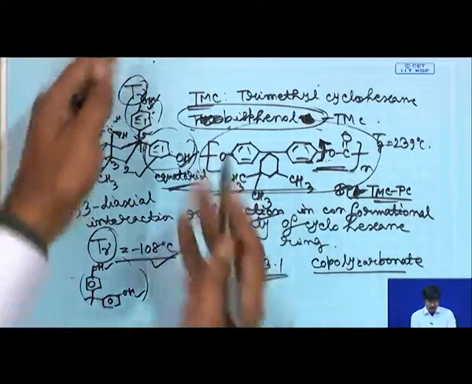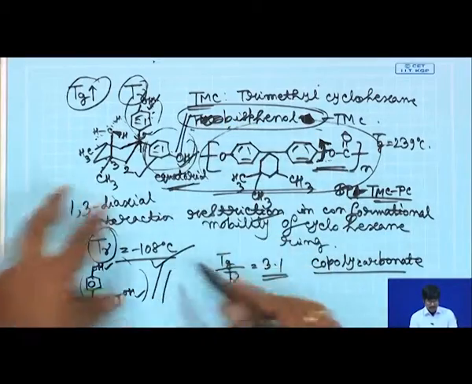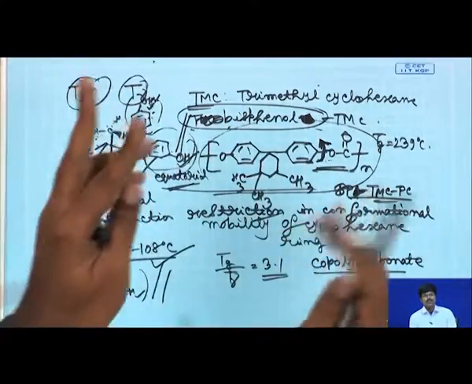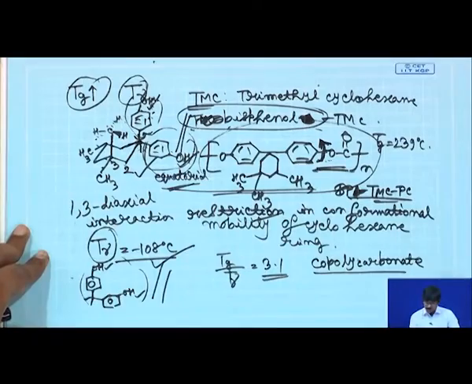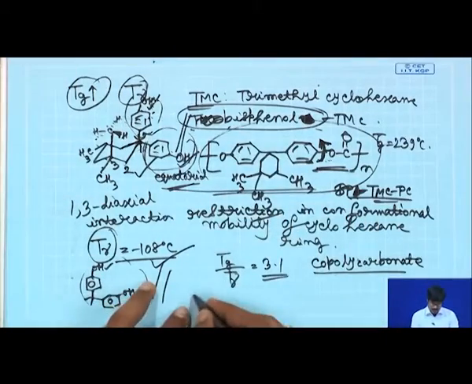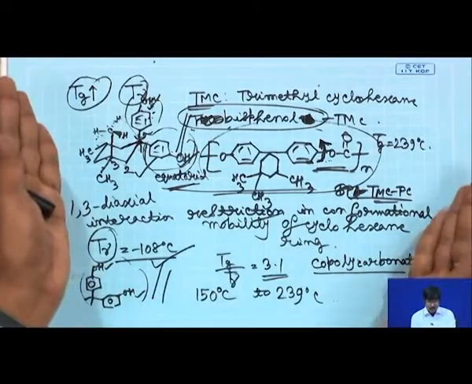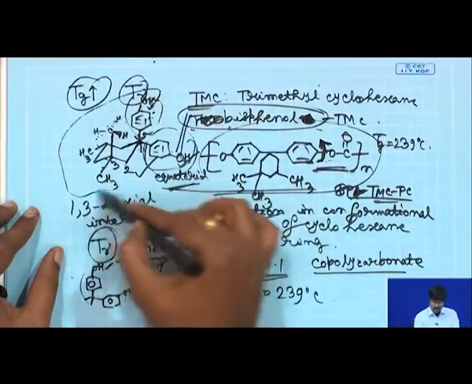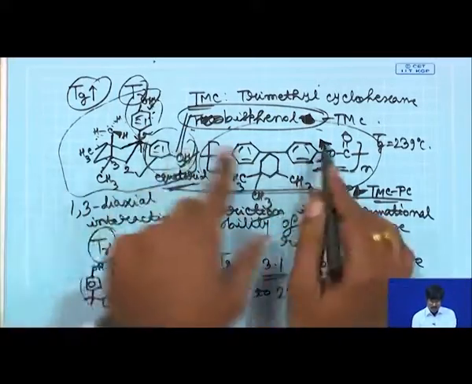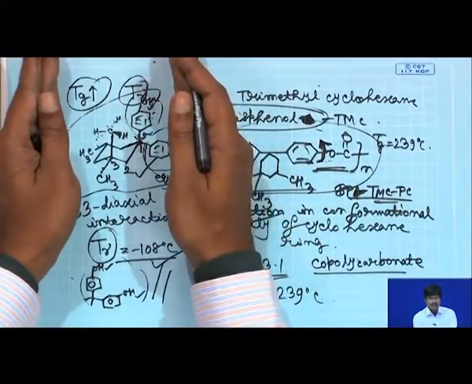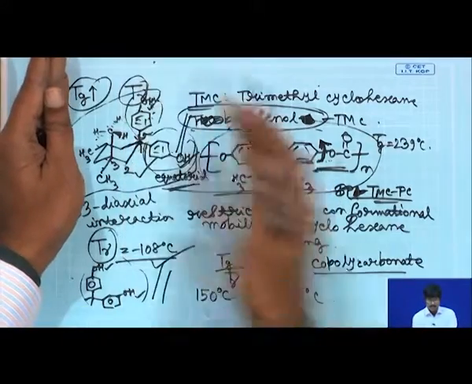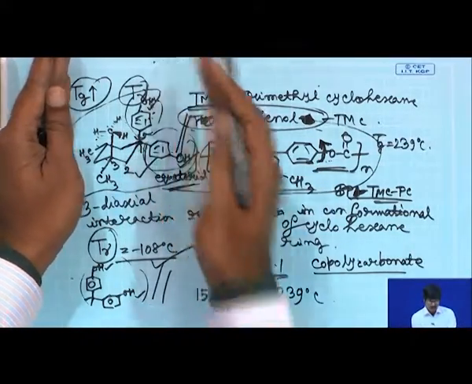And of course, if you have different proportions of these in the polymer, you can also modulate your glass transition temperature according to your needs, anywhere between 150 degrees Celsius and 239 degrees Celsius. Homopolycarbonate based on bisphenol trimethyl cyclohexane will have a glass transition temperature of 239 degrees Celsius.